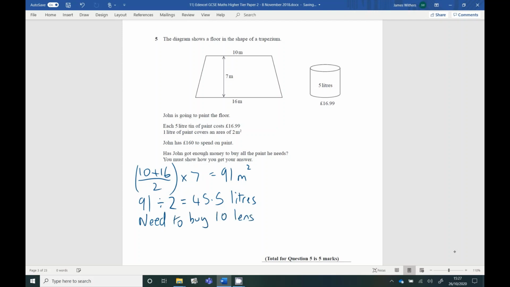Now that's going to cost us 10 lots of £16.99, because it's £16.99 a tin, so that's £169.90. Because John has only got £160 to spend on paint, he does not have enough money.